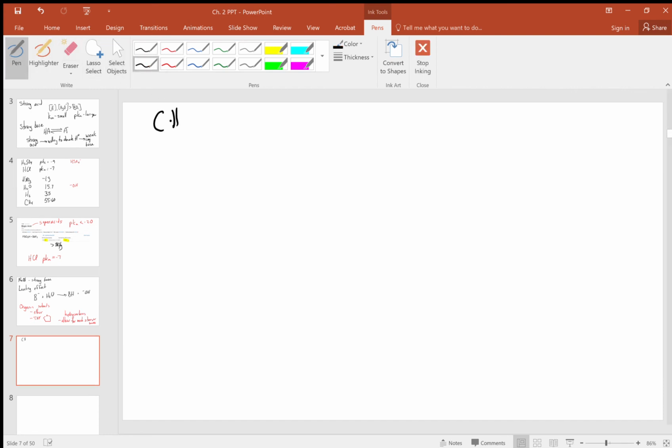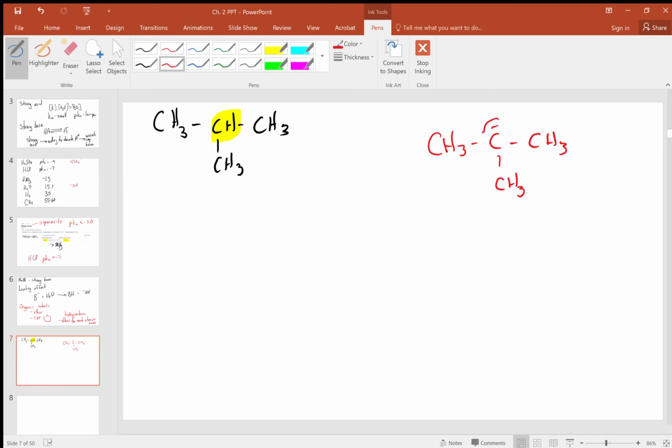Well, imagine if we could remove this hydrogen. This one on the central carbon. Turns out that hydrogen is even harder to remove than the one in methane. And it would give us the following base. Well, how strong of a base is this?